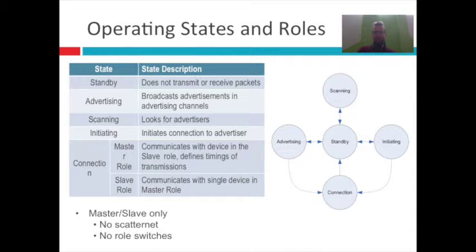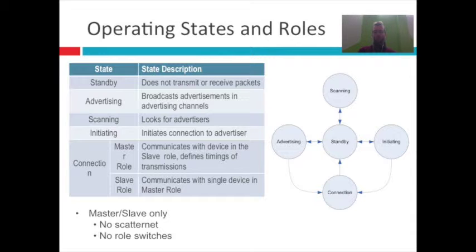Another state is the advertising one, in which your device can broadcast advertisements in advertising channels. If your device is in the scanning state, it basically looks for advertisers, and we will see later on that advertising and scanning states are very important for indoor localization purposes.